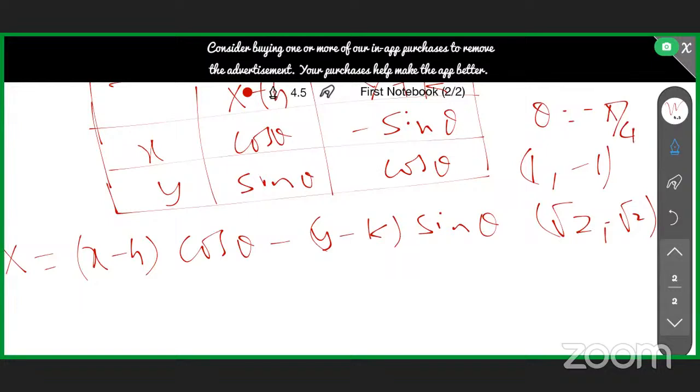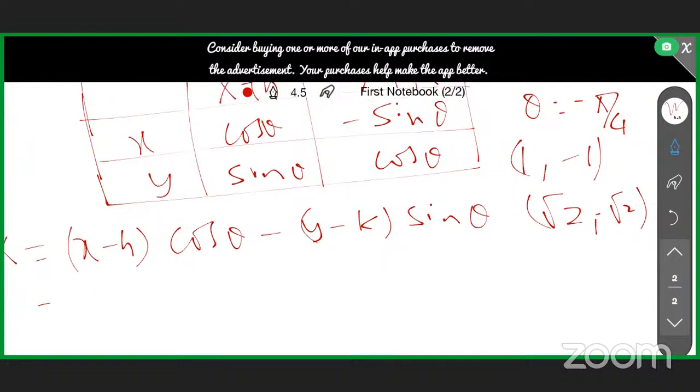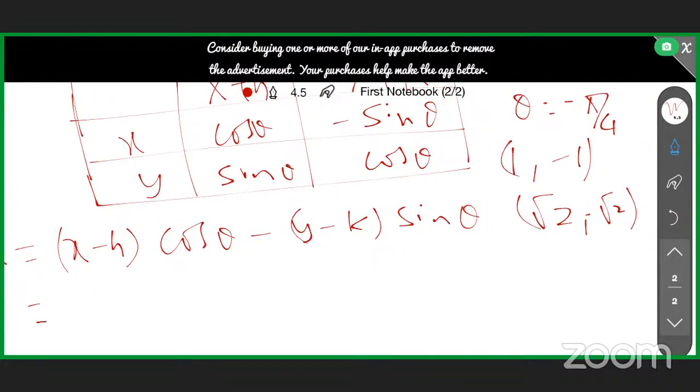X is equal to (x minus h) into cos theta. X value is 1, minus H value is 1 minus of minus root 2, so it becomes plus root 2.